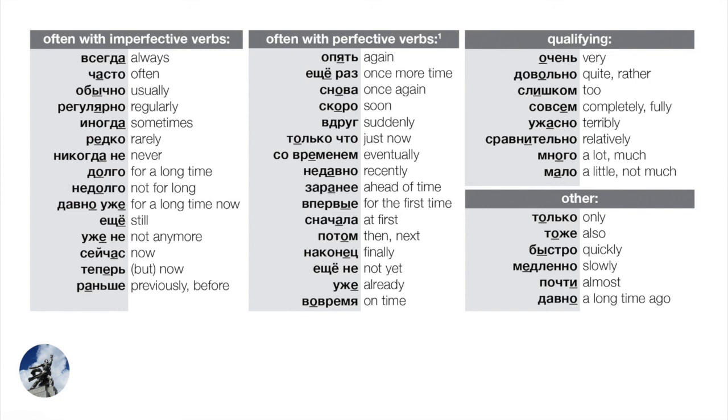I read a lot versus я мало читаю. I read little. I don't read much. You could throw in очень. Я читаю очень много. I read a lot. A very lot or something. I don't know how you would say that. Очень много. Or очень мало. I read very little.